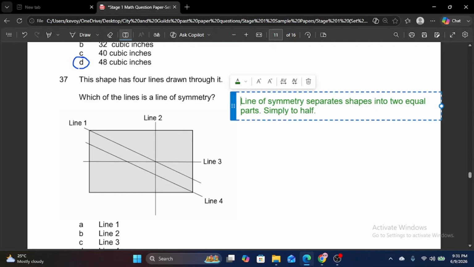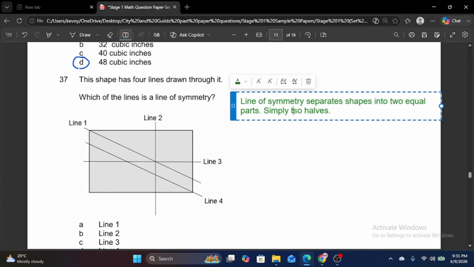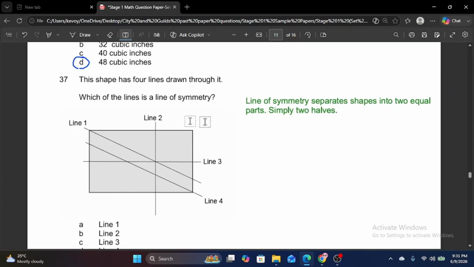So I should have written that, 2 halves. Alright, so that means that both sides are supposed to be identical.